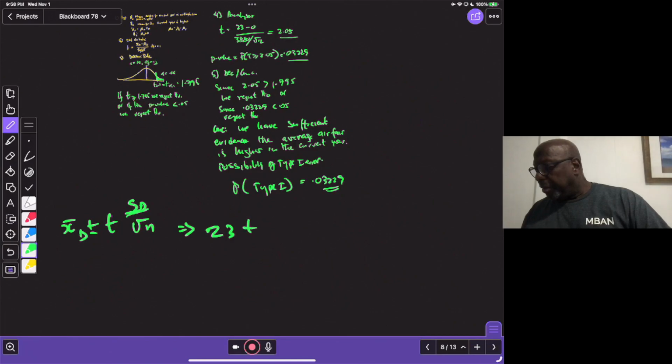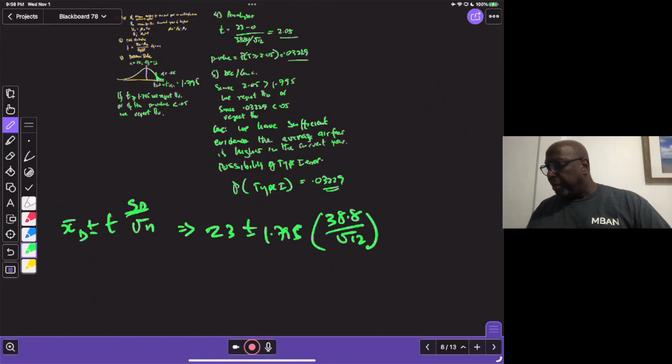2.23 plus or minus. Our critical value is 1.795 times 38.8 over the square root of 12. And that would give us, let's calculate that.